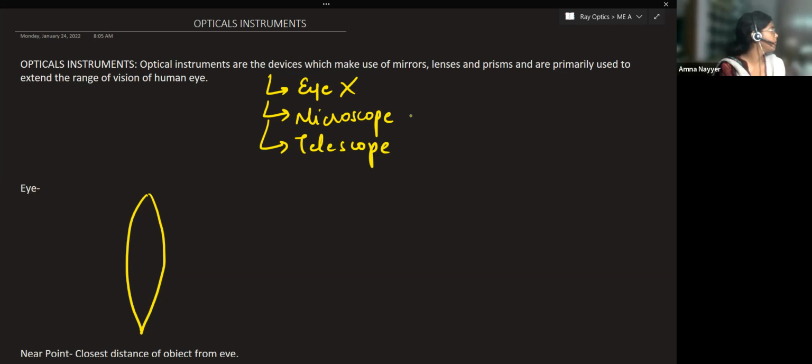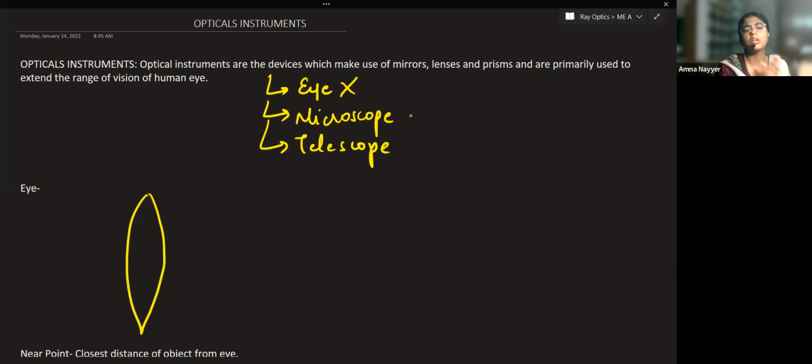Whatever is the color of your eyes, that is given by the iris only. And then you have a pair of ciliary muscles, and these ciliary muscles help to hold the lens. They contract and relax, and based upon their contraction and relaxation, the accommodation of the lens occurs. So whatever is the requirement of the lens, that power of accommodation is done by the ciliary muscles.